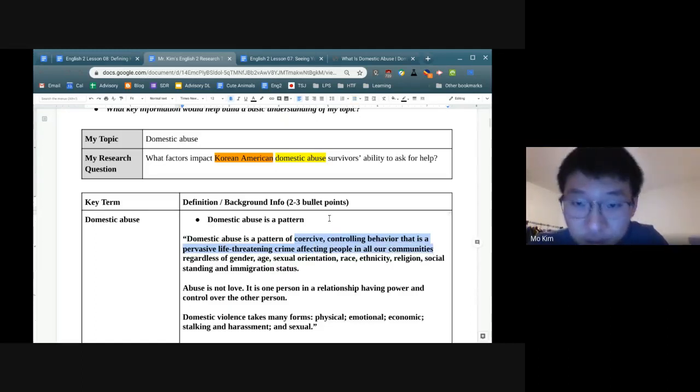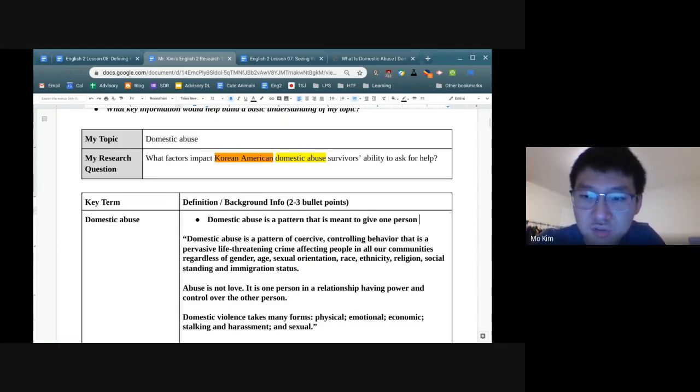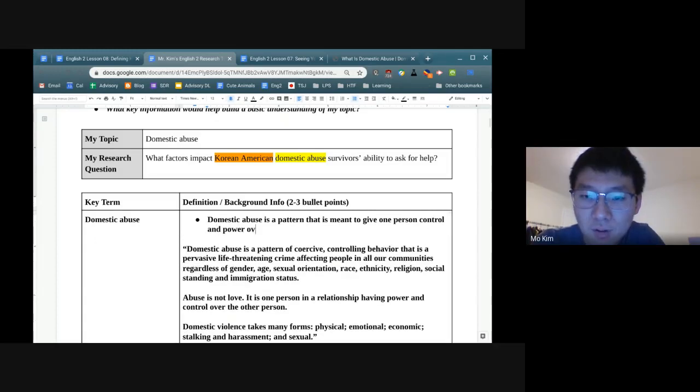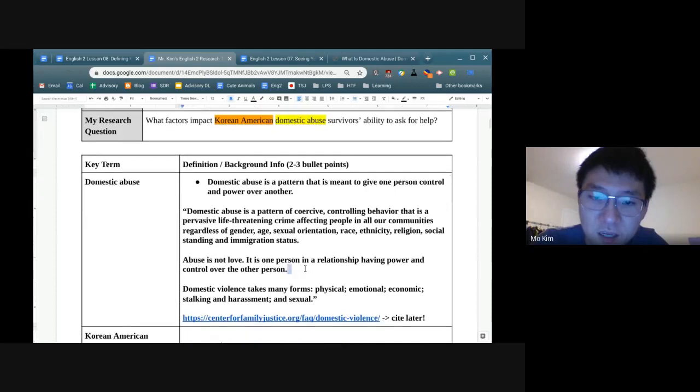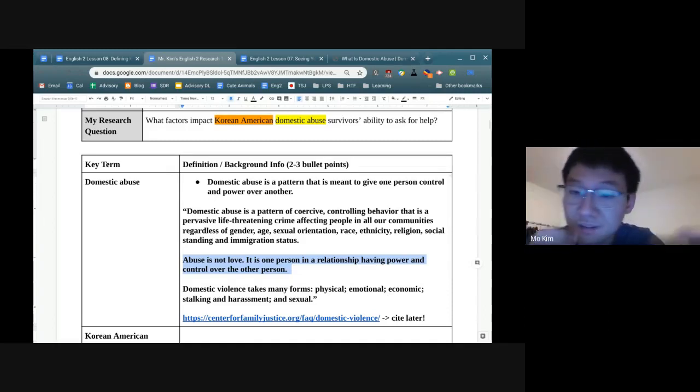So in simpler words, I would probably say it's a pattern that is meant to give one person control and power over another. And the definition over here says abuse is not love. It is one person in a relationship having power and control over the other person. I kind of combine those points into original words.